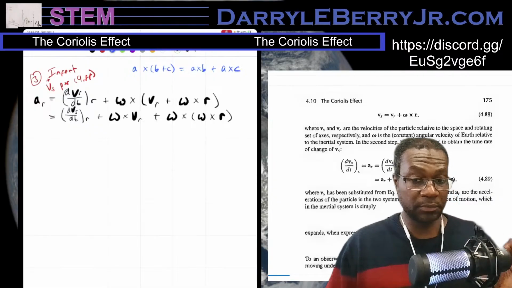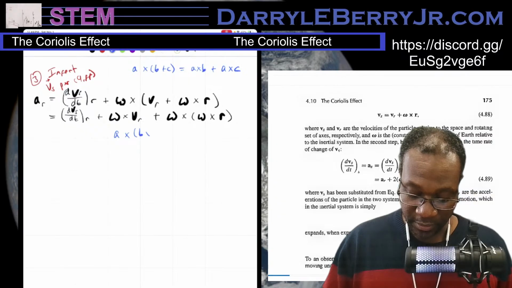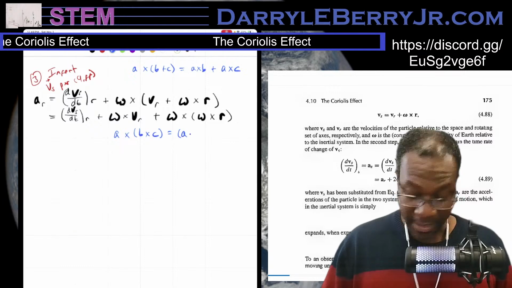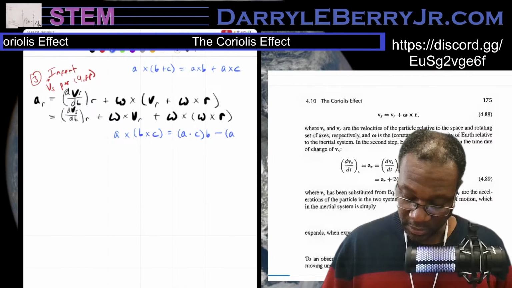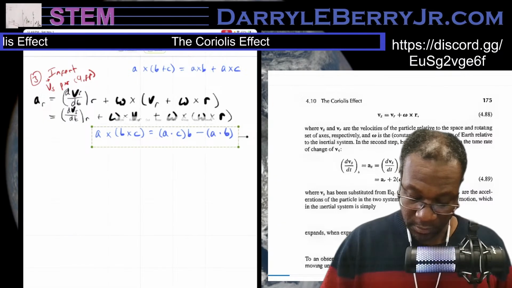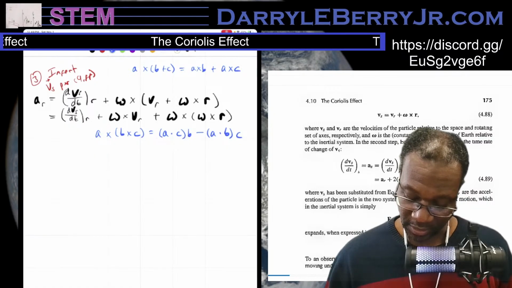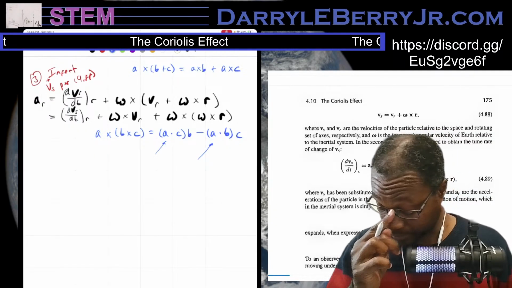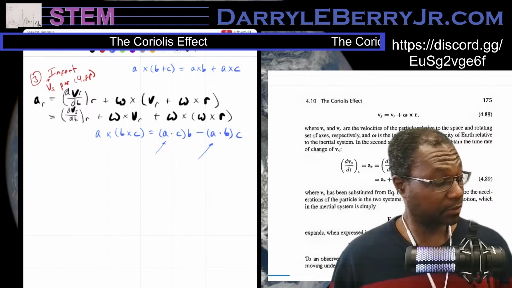So we have A cross B cross C equals A dot C B minus A dot B C. So A stays first, and you swap which one is on the outside, and you subtract the one where the middle one is on the outside first.